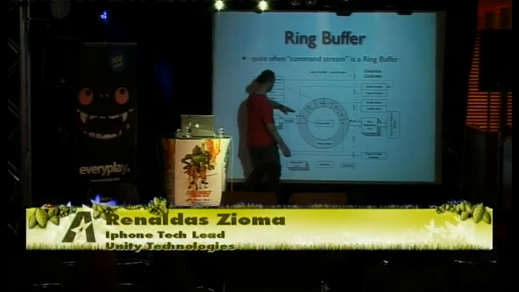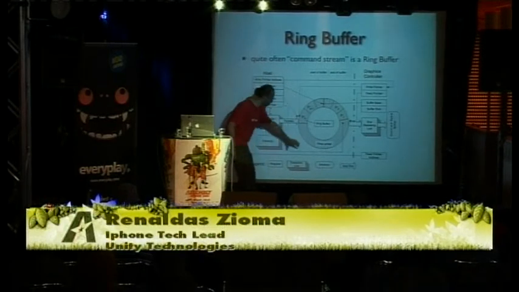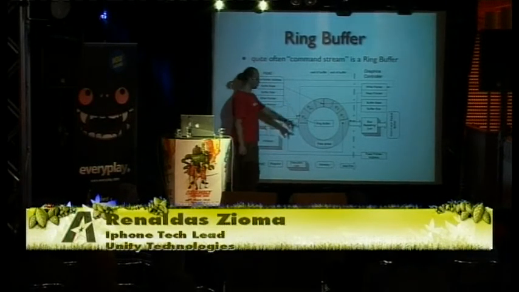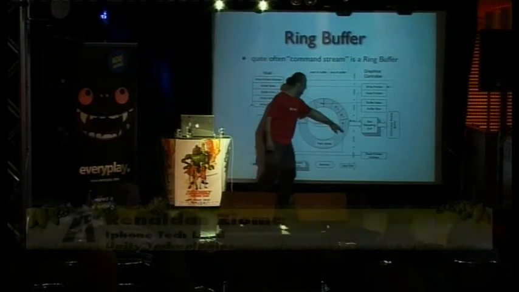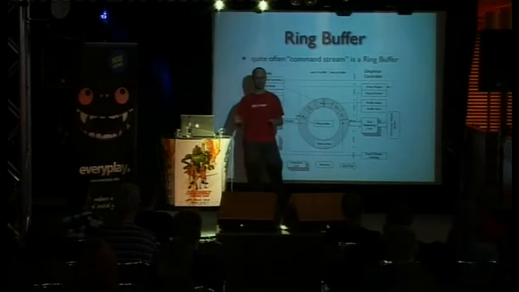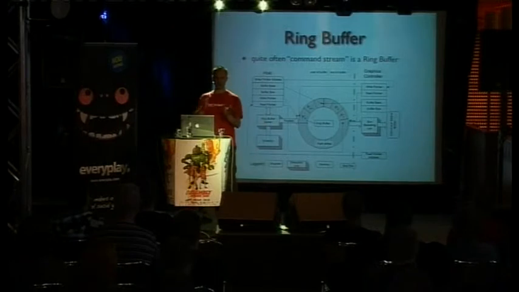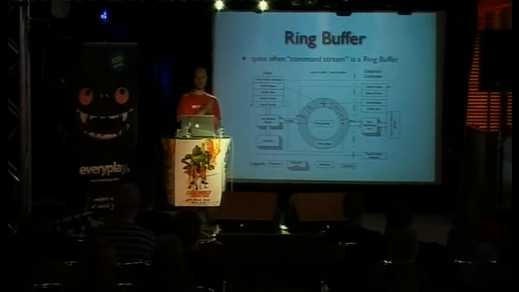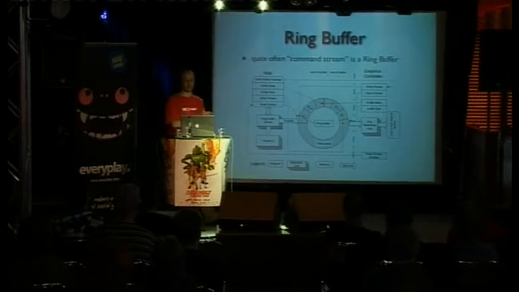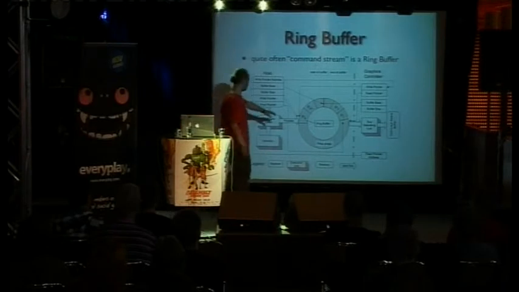So the driver is writing here and goes forward, and the GPU is running behind and trying to catch up. And once it catches up, that means the CPU is not fast enough, and the GPU will stall until enough commands are put here.